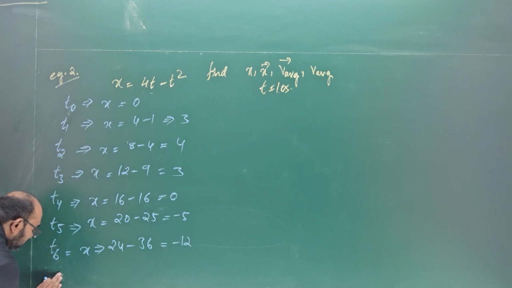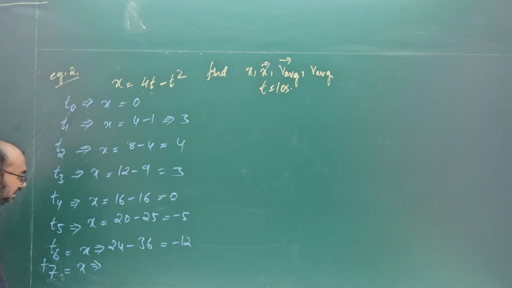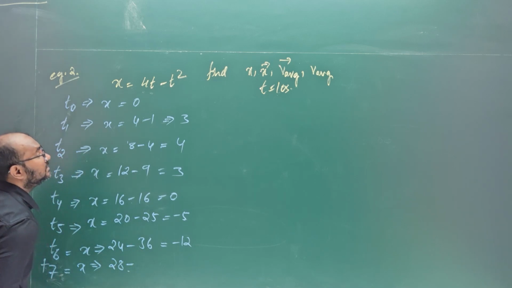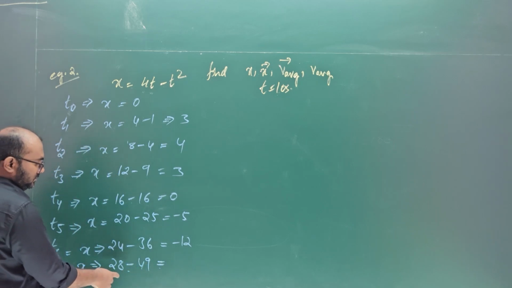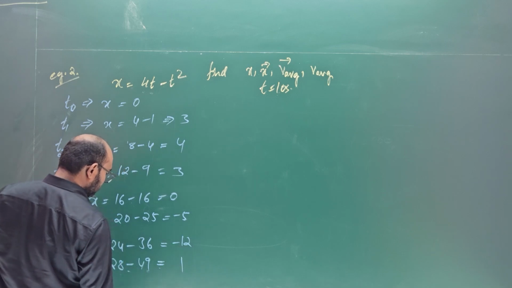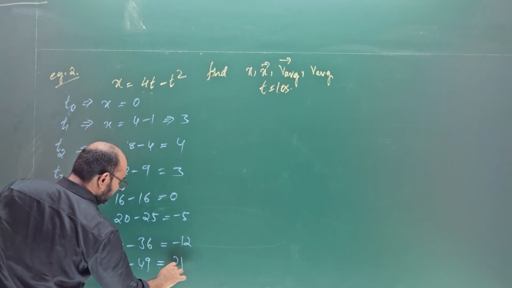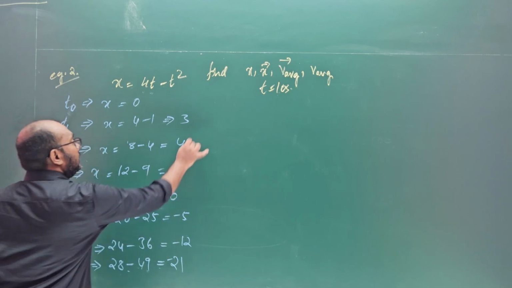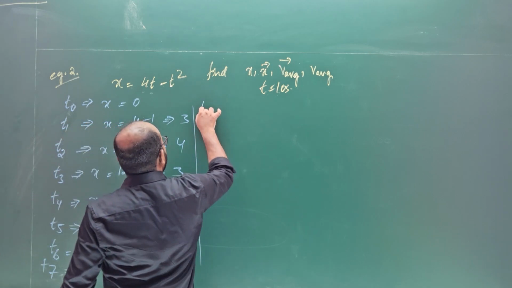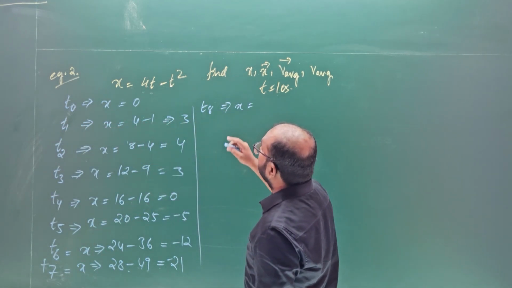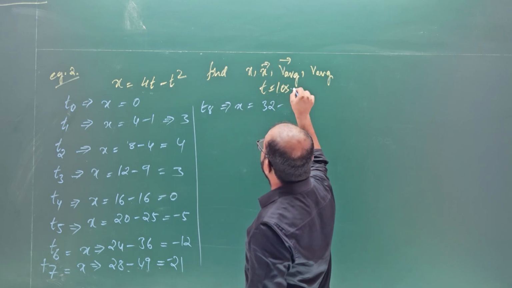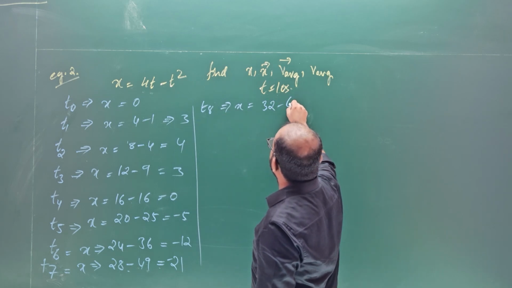At t is equals to 7, x will be 28 minus 7 square 49, and this becomes minus 21. At 8 second, x is equals to 32 minus 8 square, that is 64.